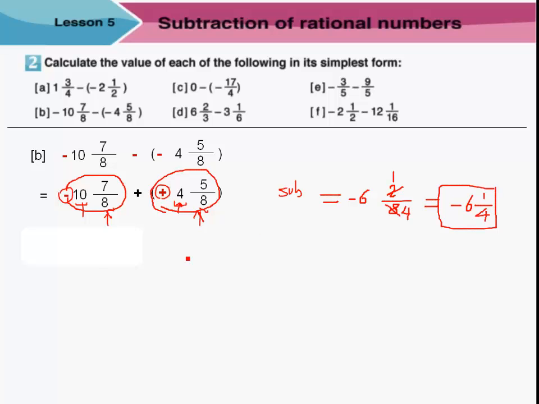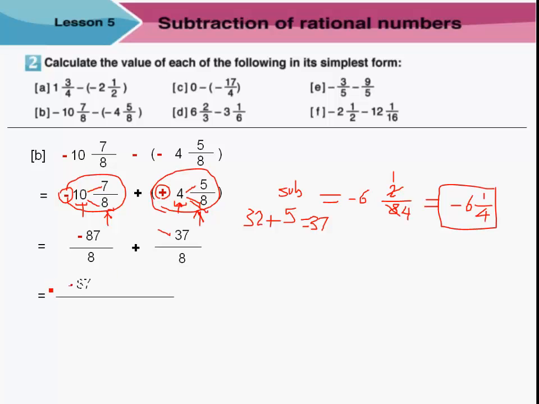Keep it here. Or we can multiply 8 times 10 equal 80 plus 7 equal minus 87 divided by 8, plus 8 times 4 is 32, plus 5 is 37. 37 divided by 8, the denominator.